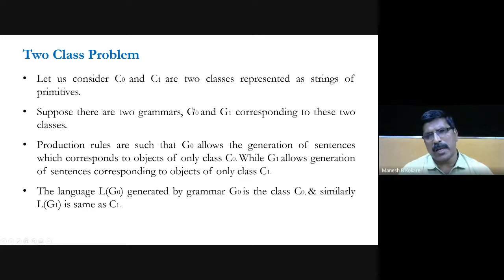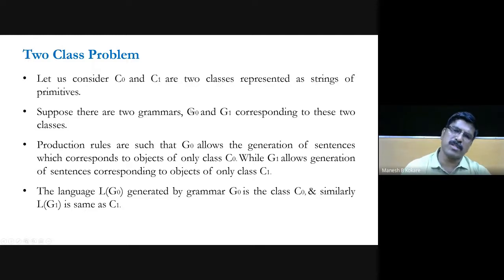Now what is a grammar? A grammar is basically a four-tuple consisting of terminal symbols, non-terminal symbols, the set of grammar production rules P, and the start symbol. The production rules are such that G0 allows the generation of sentences corresponding to objects of class C0 only.